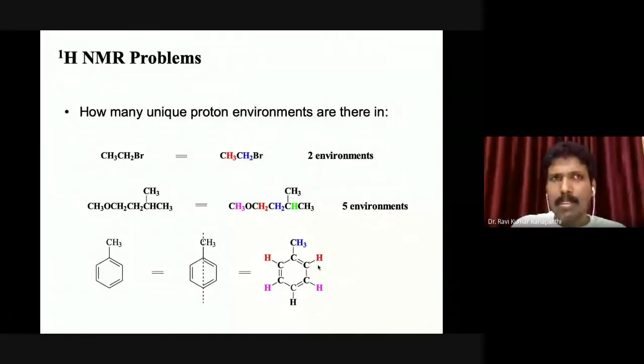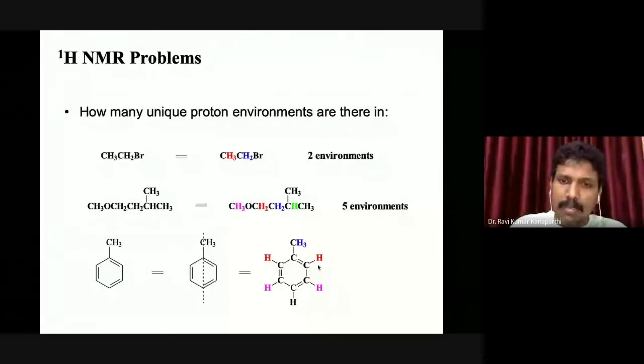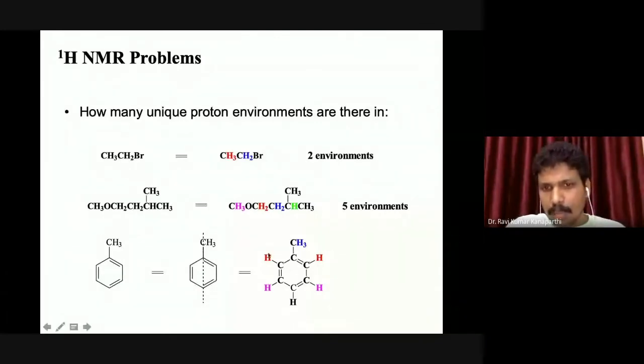That's all. So we don't really see 1, 2, 3. So for the benzene protons here, there are 5 total protons, but they can be present in 3 different environments, like ortho, meta, and para.